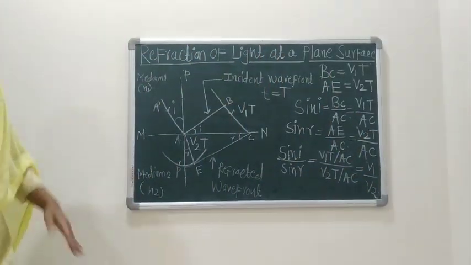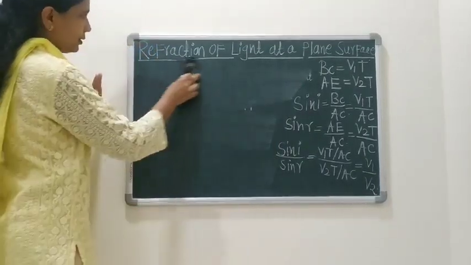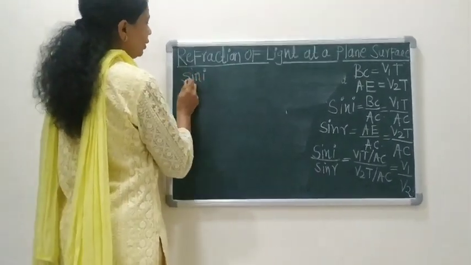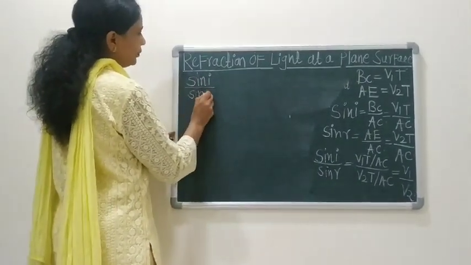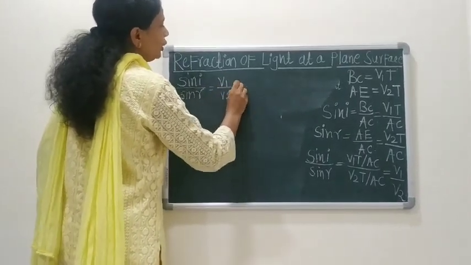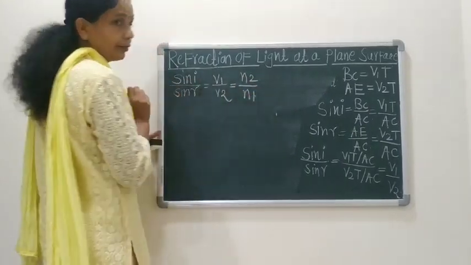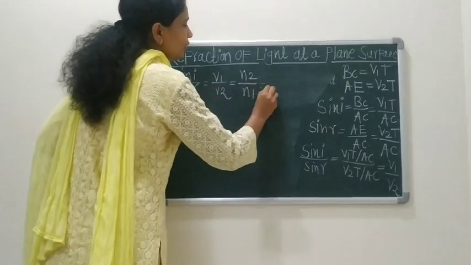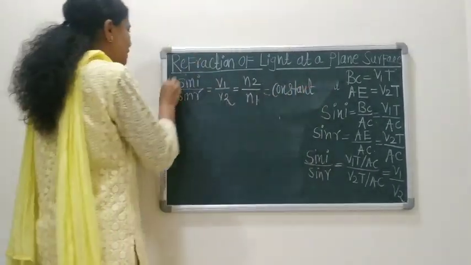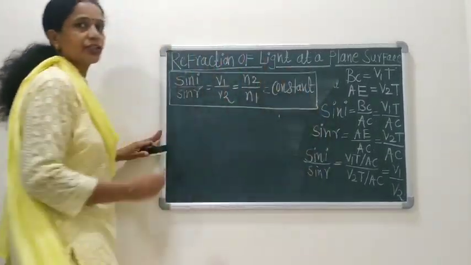Therefore we get the equation: sin I upon sin R is equal to V1 upon V2 is equal to N2 upon N1, which is equal to a constant, and this is called the law of refraction.